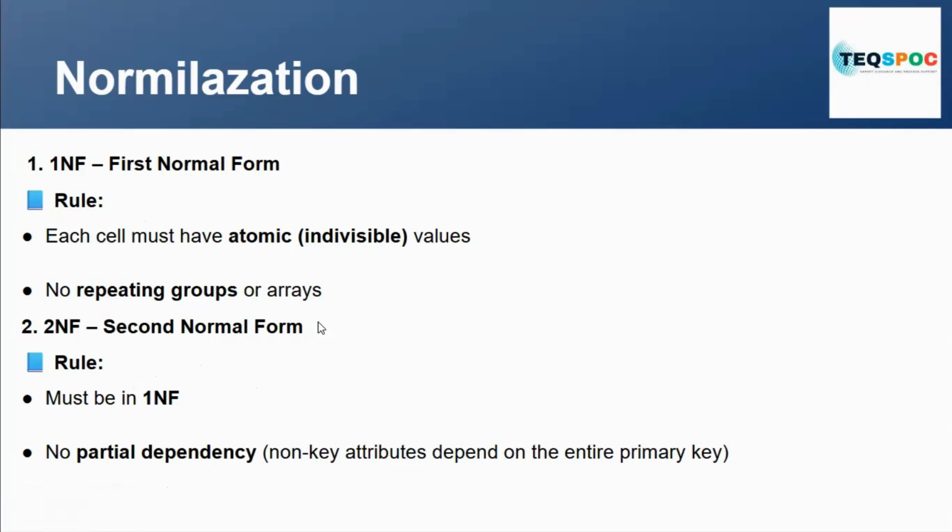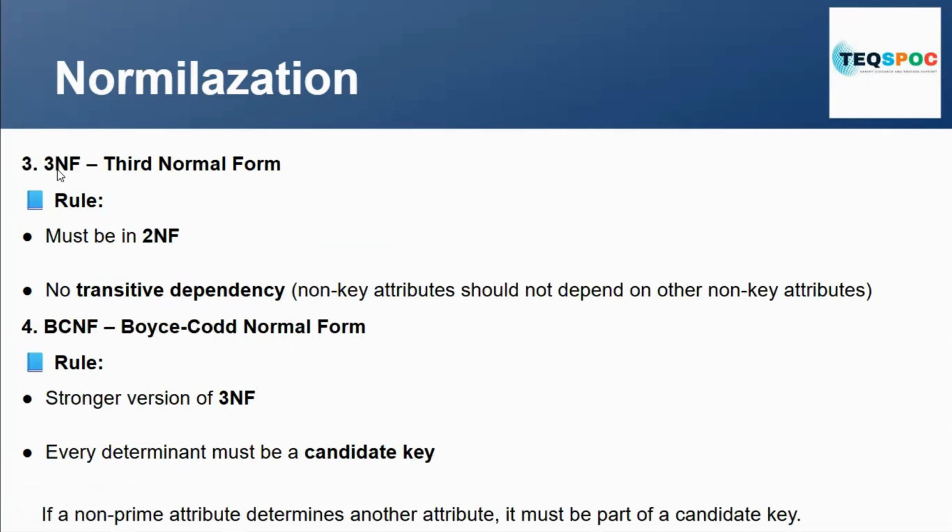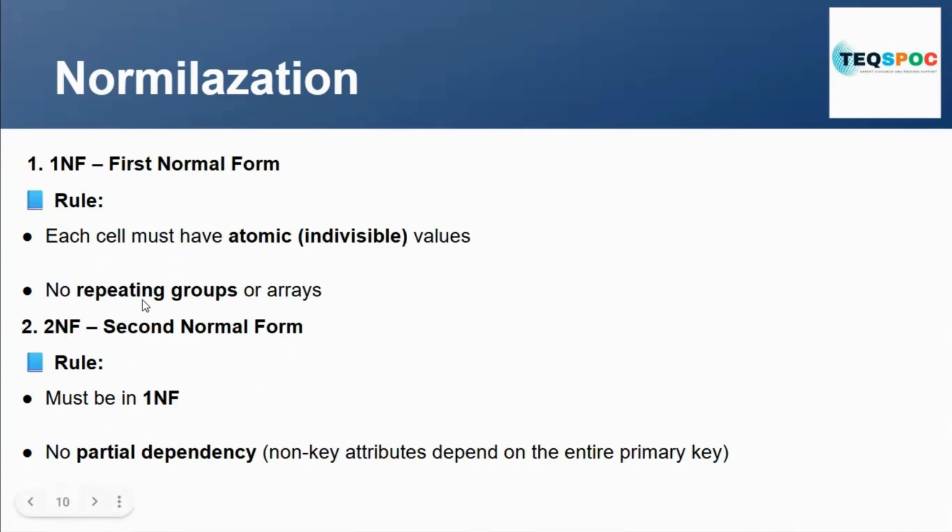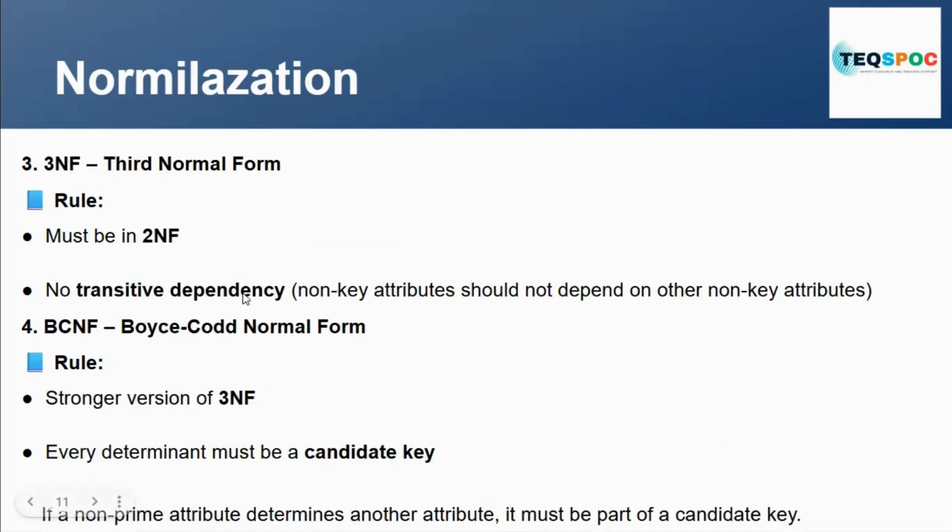Okay, now the third is 3NF, the third normal form. The rule is it should satisfy 2NF, meaning it should have the properties of 2NF. Then no transitive dependency exists. Okay, a non-key attribute should not depend upon another non-key attribute. Then BCNF, the Boyce-Codd normal form. The rule is it also comes under 3NF.